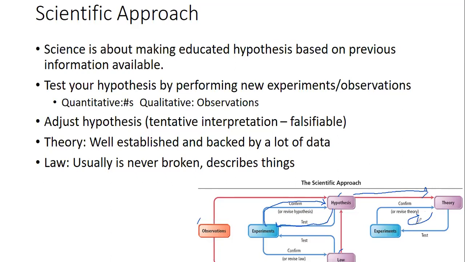One of the discussion points you might get from non-scientists is, why would I believe that? It's just a theory, right? And that's a misuse of the word theory. Theories are backed up by a ton of data. They're backed up by a ton of experimentation. When people usually use the phrase just a theory, a scientist would probably say, well, that's just a hypothesis.